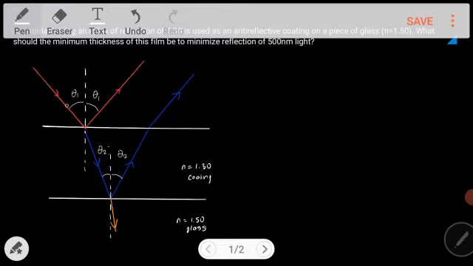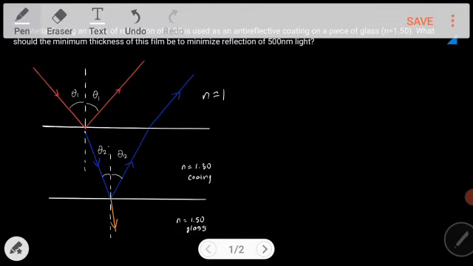As we can see here, the red line, which is the light from the air, gets bent as it goes down. Since the n here is greater than the n here, the light will be bent closer to the normal line.